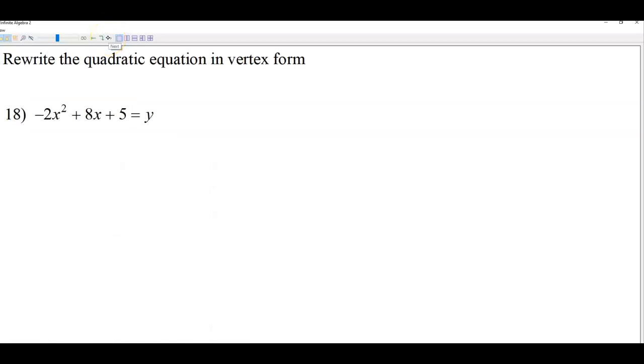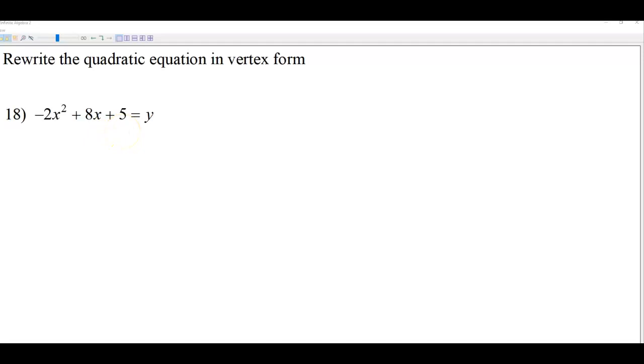All right, and then number 18, we want to also be ready to rewrite quadratic equations that are in standard form into vertex form by completing the square. And that involves a series of steps that we talked about in lesson, I think it was 4.3. Step 1 is to move the c value to the other side.